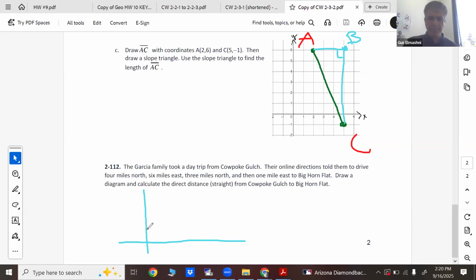That's for 112. Okay, so you got some diagrams to help you out. Hope you guys can figure out what to do.